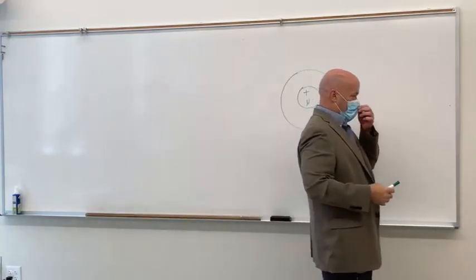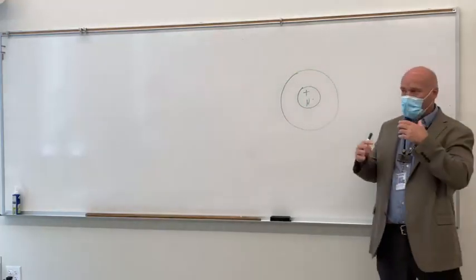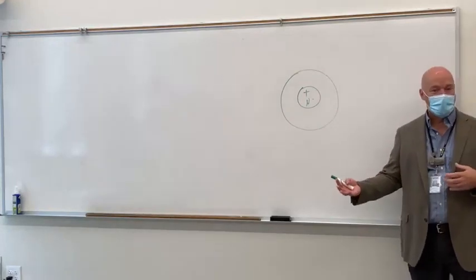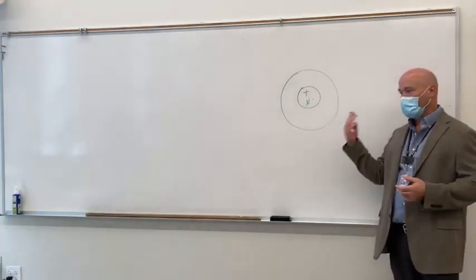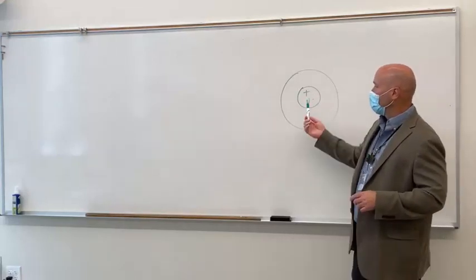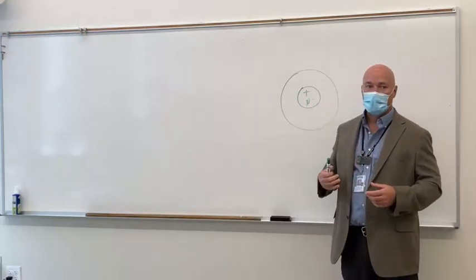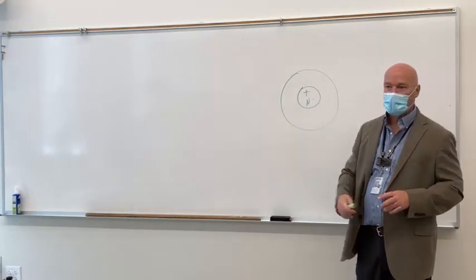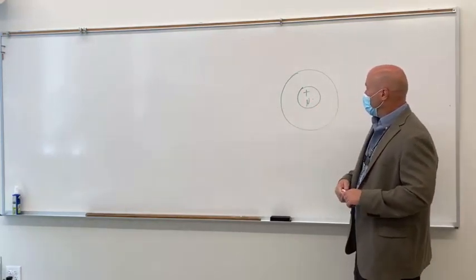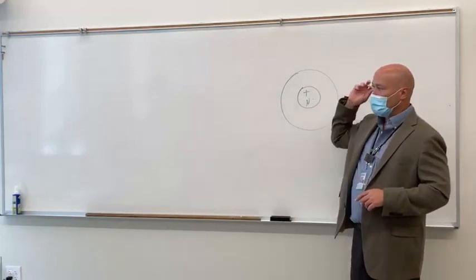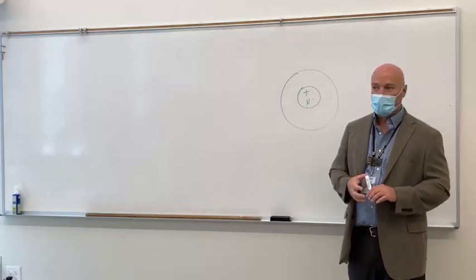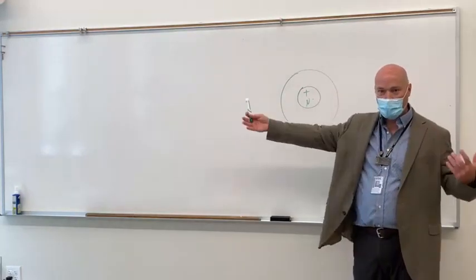And every time I draw this, you got to understand that it's nowhere near to scale. If you listen to the recording from Friday, you know that the distance between the nucleus and the first ring is way far apart, right? So if this was the size of a basketball, the first ring may be all the way down at Posados if you're from Tyler. It's a massive distance.